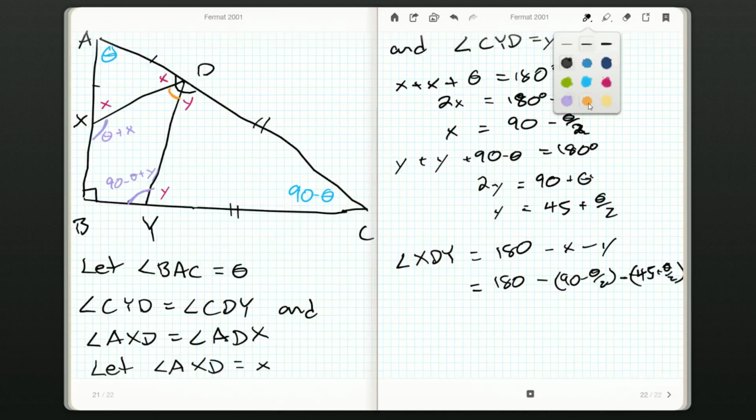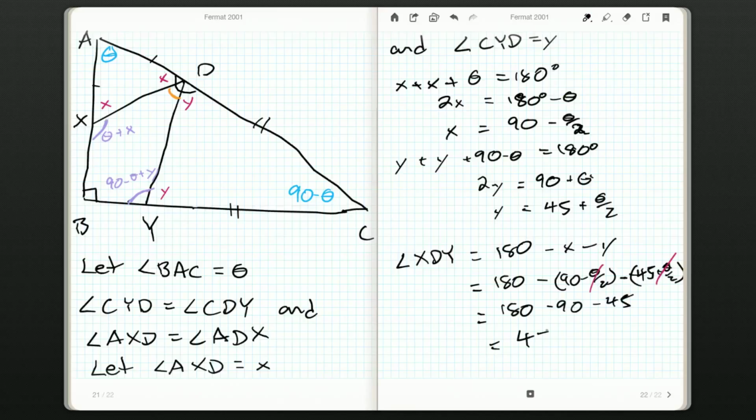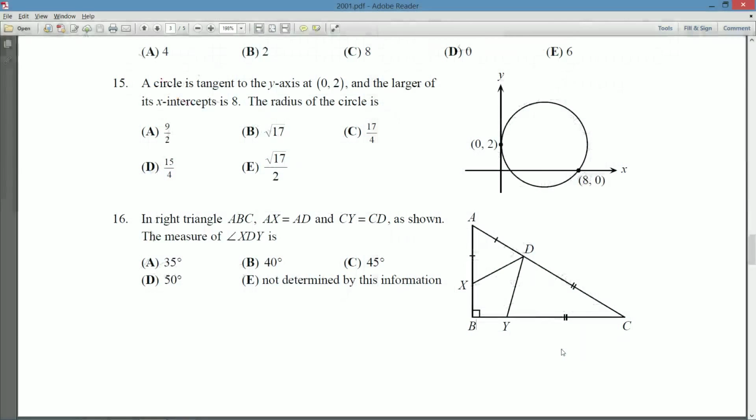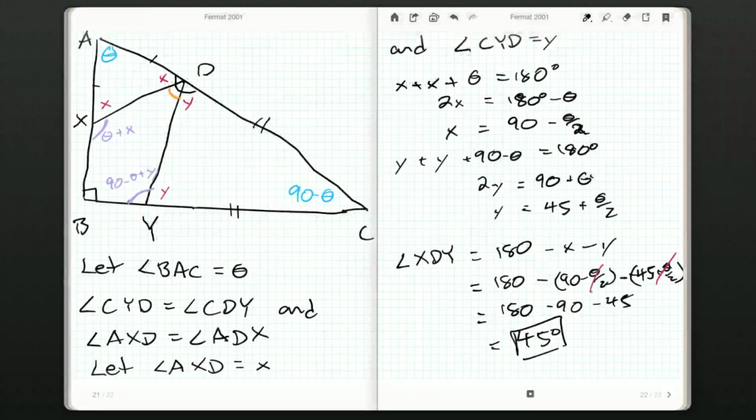So these theta by 2's are going to cancel each other out, and we are just going to be left with 180 minus 90 minus 45, which is 45 degrees, and that's the answer that we want. And would you know it, 45 is one of our possible angles, giving us an answer of C.